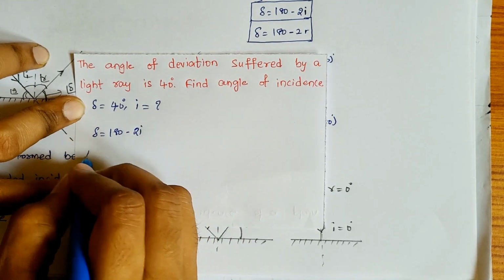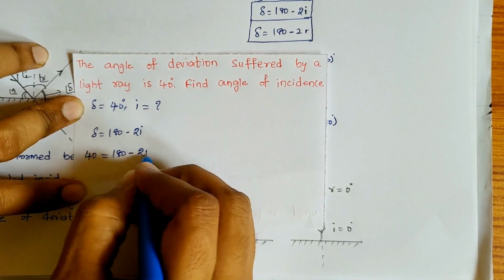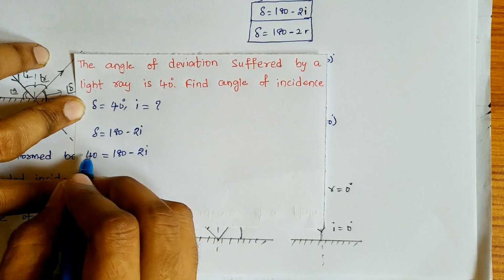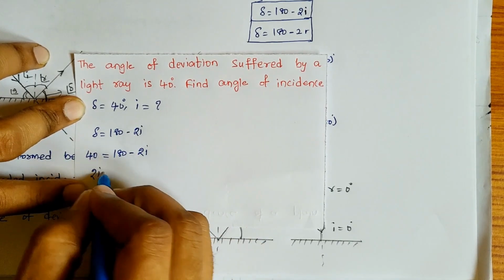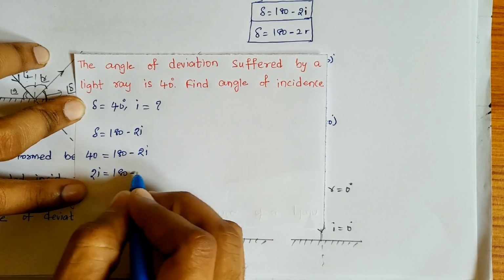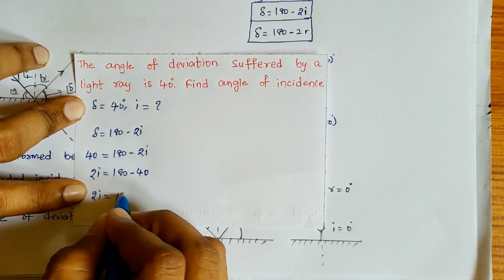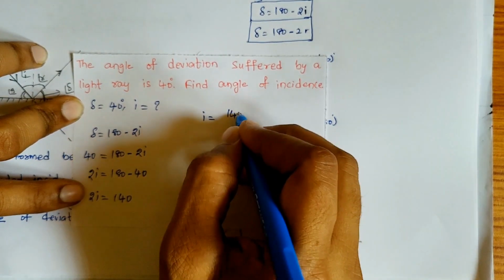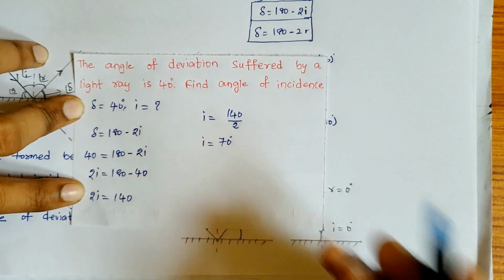Lambda is 40, so 40 is equal to 180 minus 2i. Minus 2i comes to this side as plus 2i, and 40 goes to that side as minus 40. So 2i is equal to 180 minus 40, which is 140. So I is equal to 140 divided by 2, so I is equal to 70 degrees.